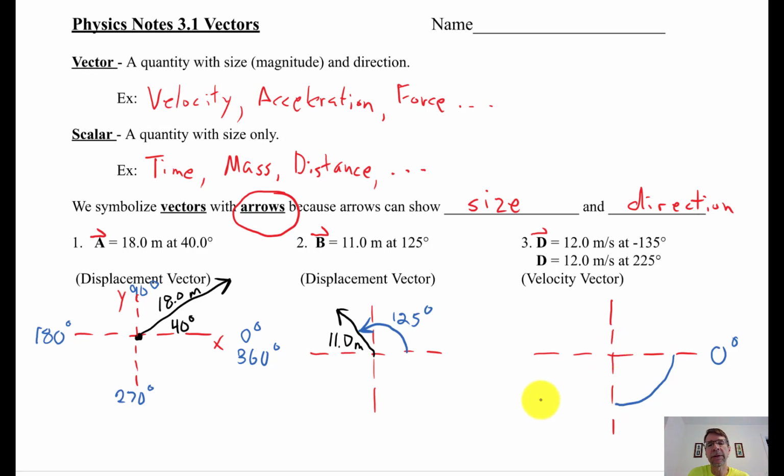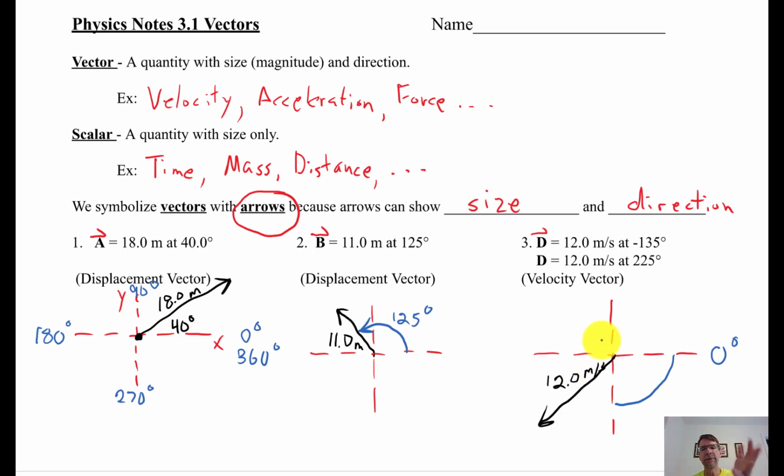I'm going to draw the vector and then complete the circle. So let's draw the vector. Okay, so it's going to be splitting that, and that's not too bad. 12.0 meters per second. I don't like how that came out, but okay, let's try a little better. 12.0 meters per second.